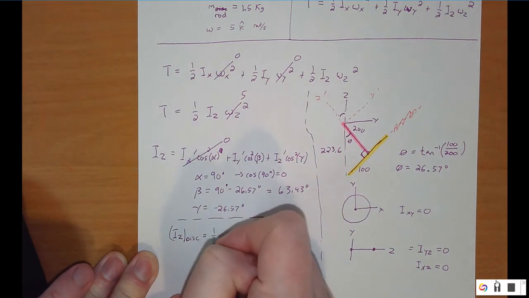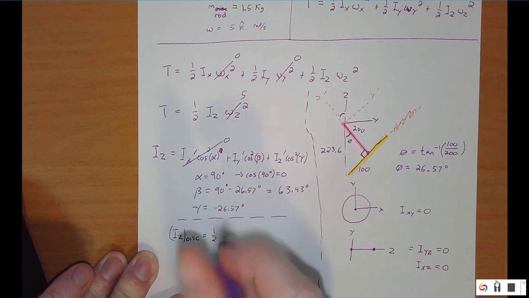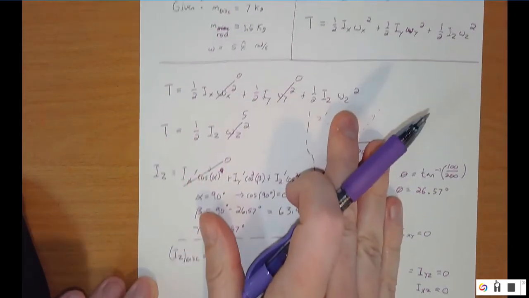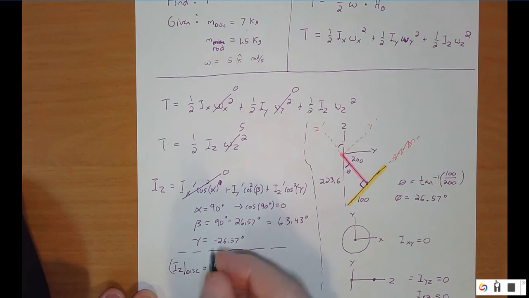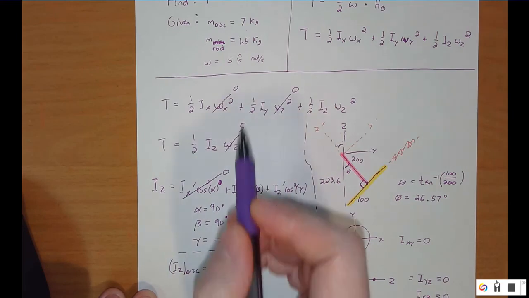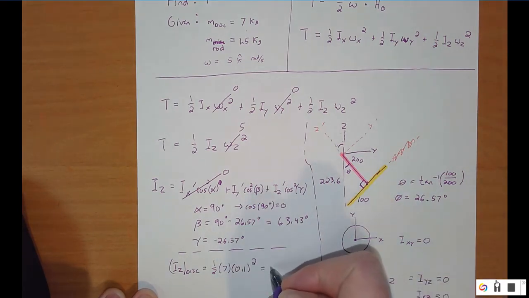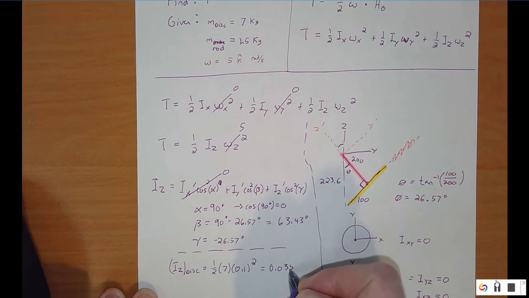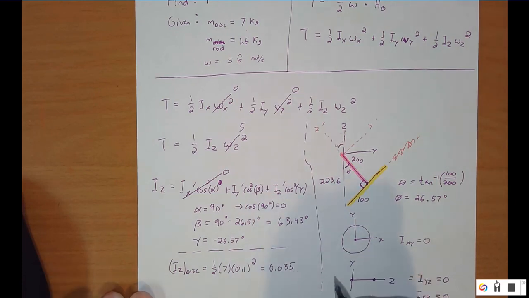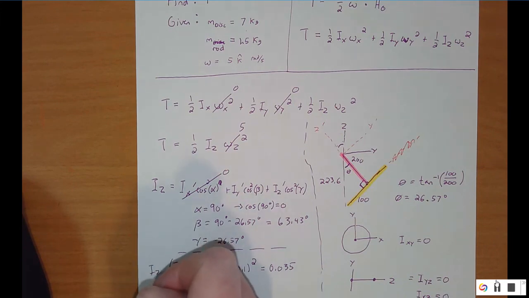So 1/2, its mass is 7 kilograms, and its radius is 100 millimeters. We're going to put this in as meters, so 0.1 squared. When you run that calculation, you will get 0.035. That is also just IZ, period.